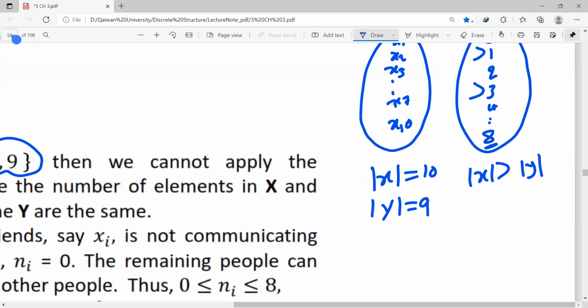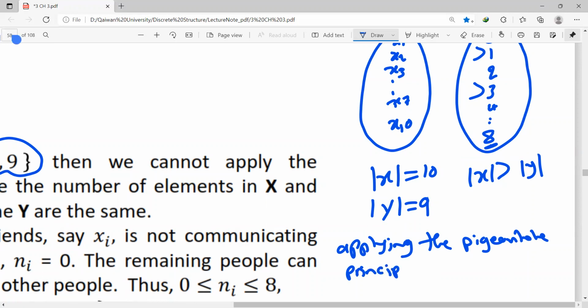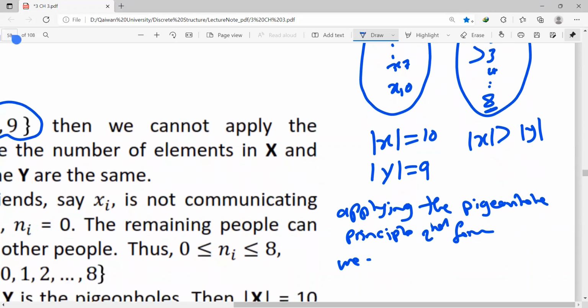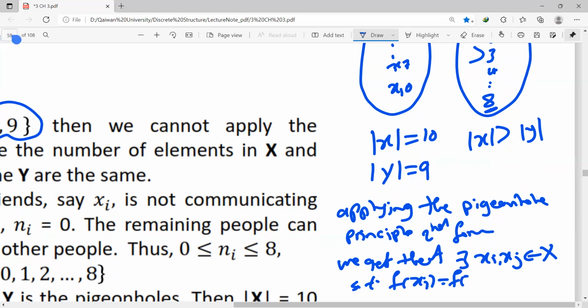You say, applying the Pigeon principle second form, we get that there exist xi and xj in x, such that f of xi equals f of xj.